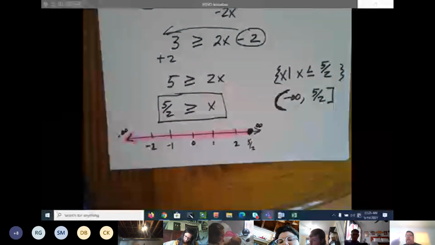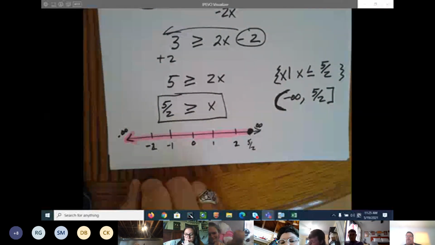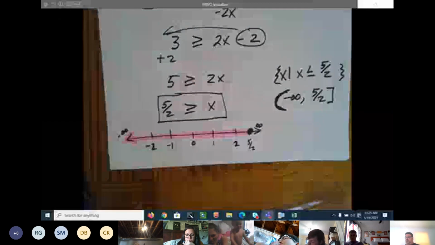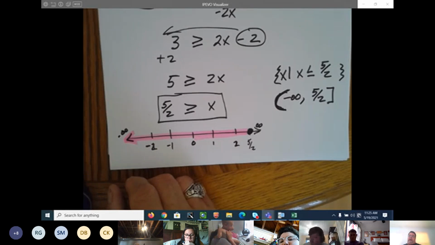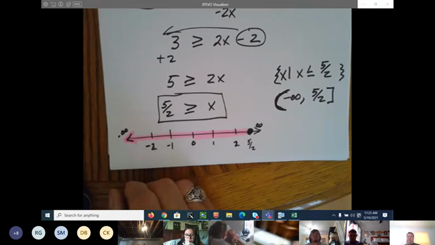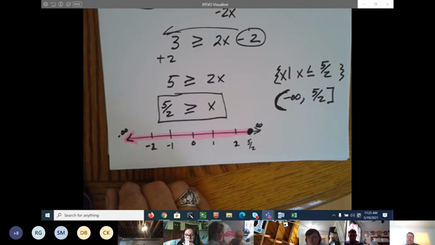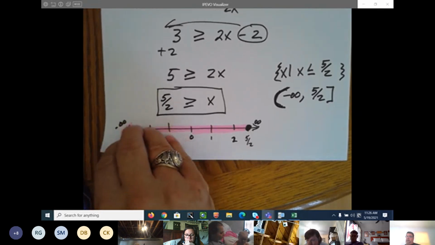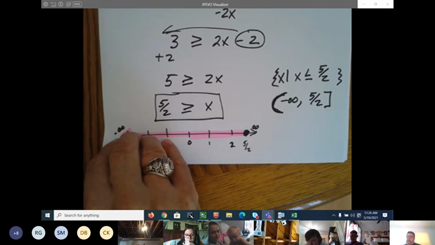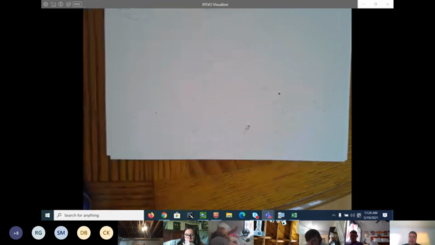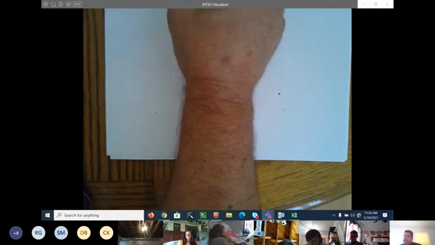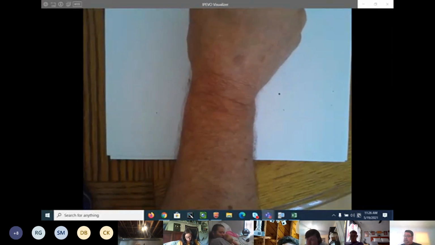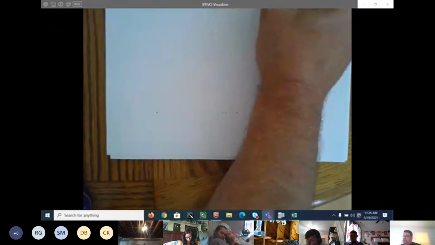Now I'm going to change one thing on this problem. I'm going to give you another problem, but I want you to do the next problem with the word integers in the directions and show you the difference between the two. So here we go. Find the integer solution set.